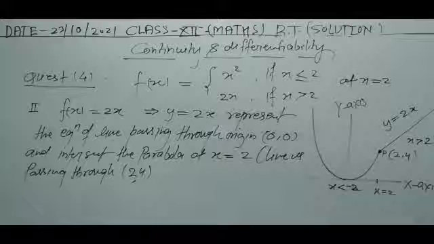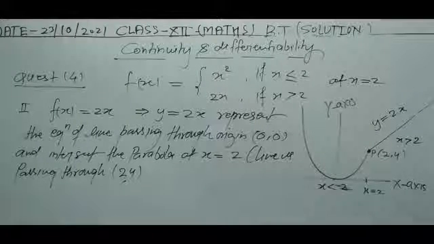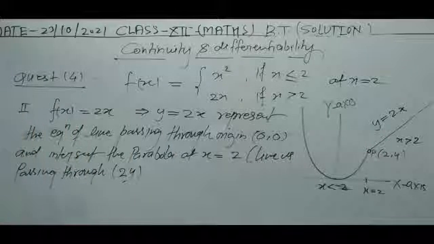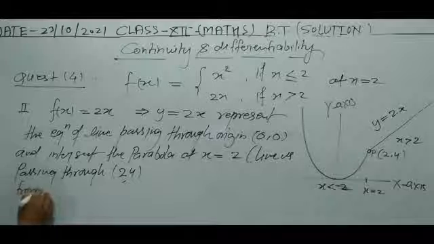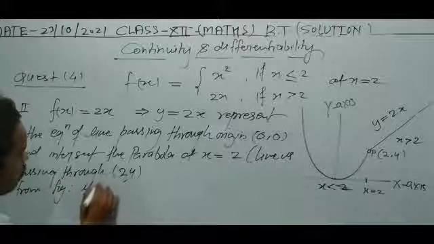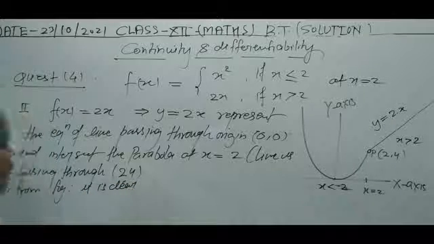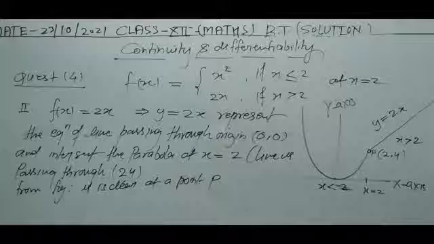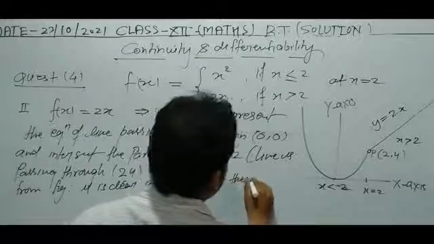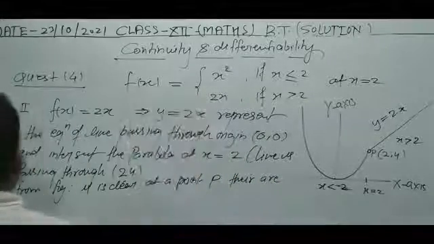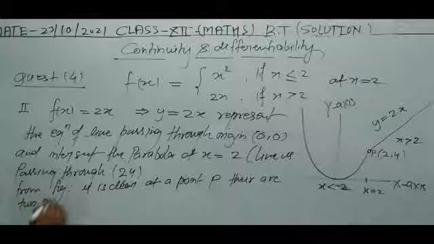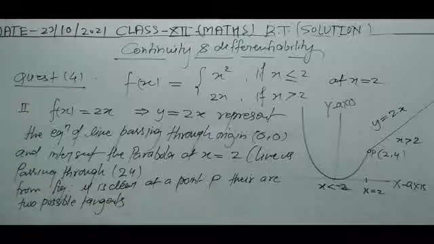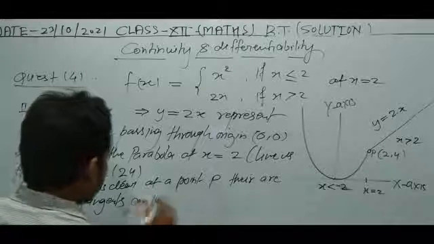So from this figure it is clear that at point P two possible tangents can be drawn.